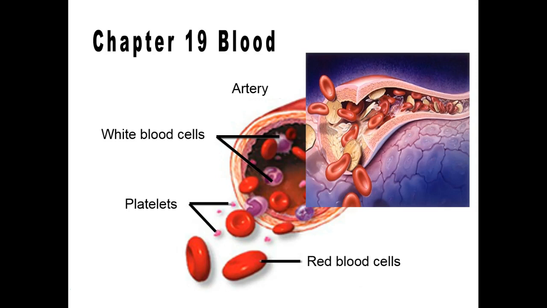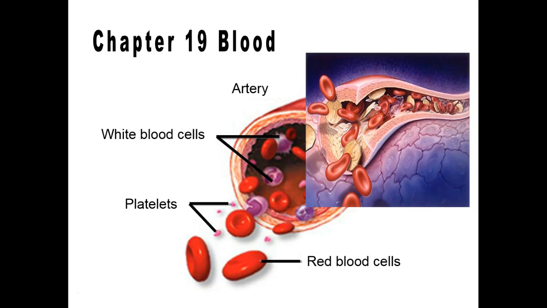But blood itself is the non-living matrix, which is the plasma. That's the straw-colored liquid, and then the formed elements that are found in the plasma. So it's the combination of the two. Now, the plasma is the connective tissue component. Those things that are found in that connective tissue plasma actually are cells that are embedded in the connective tissue.